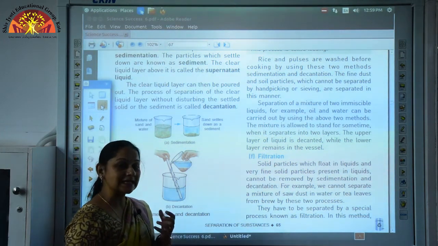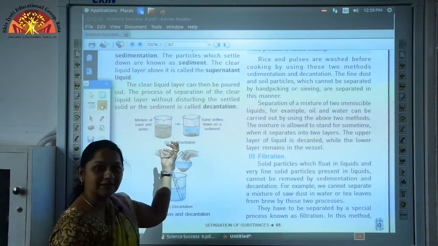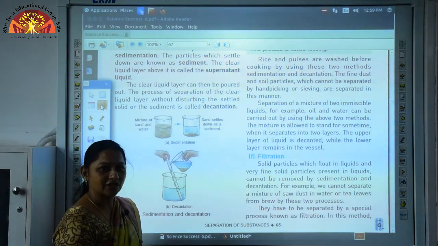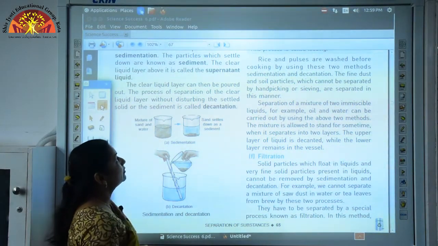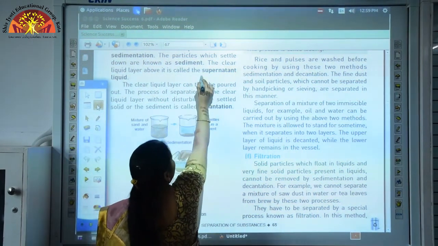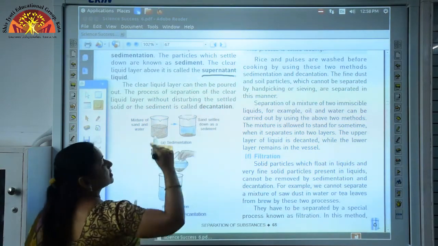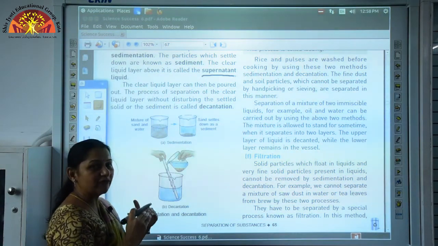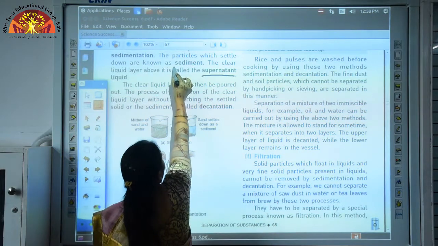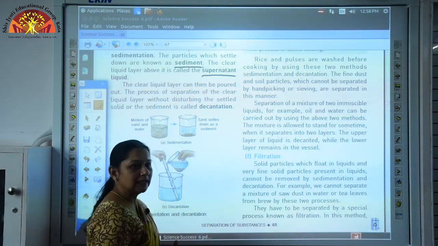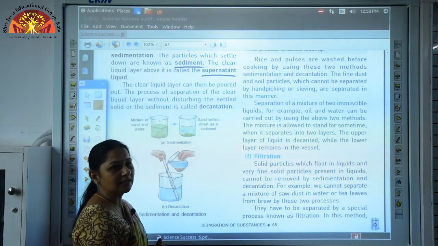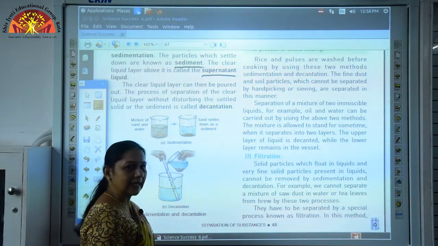This process is somewhat similar to sedimentation and decantation, and the clear liquid is called the supernatant liquid, and the heavy particles which have settled down are called sediments. And when we pour out the clear liquid into another container, that process is called decantation.